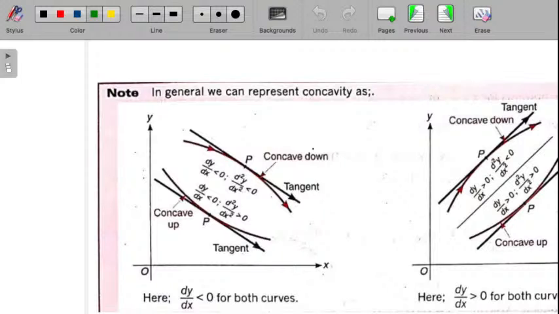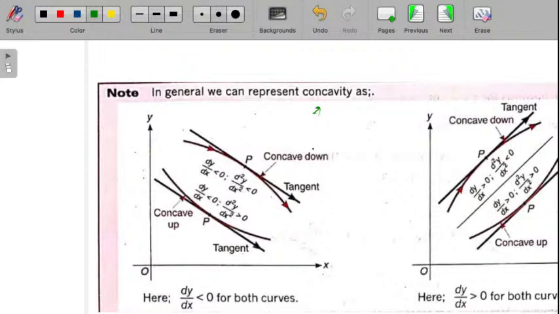There is another important piece of information contained within the differentials, which is called the representation of concavity. In general, to summarize, it tells us how the graph appears, either this way or this way.